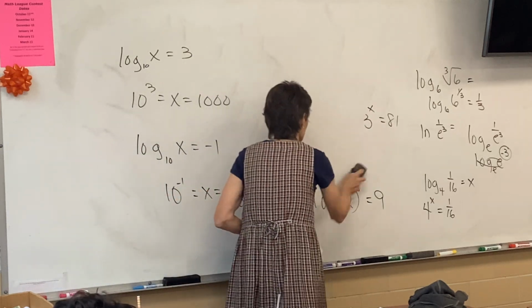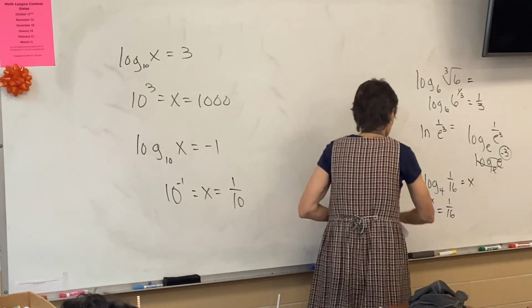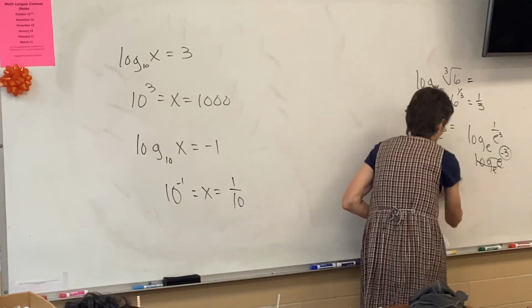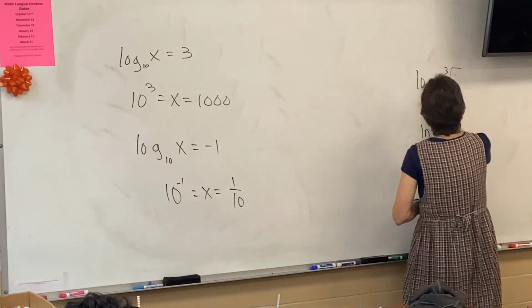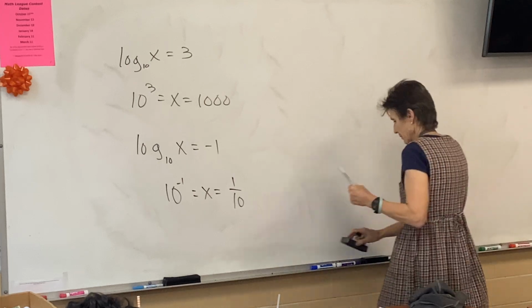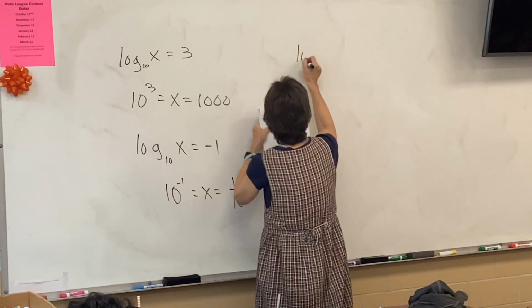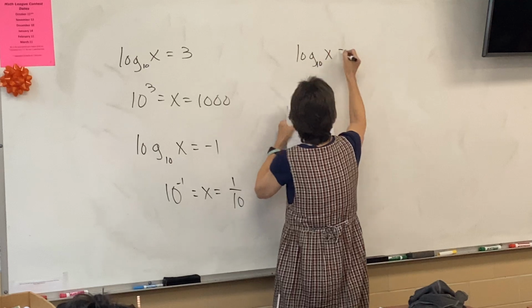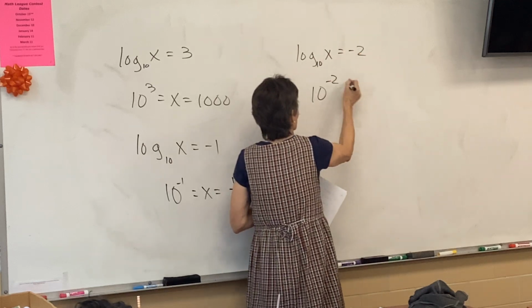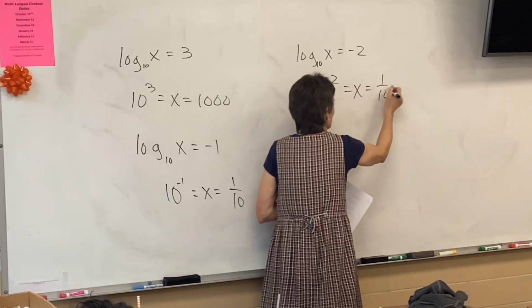Elijah's over here. He says 1 over 100 is the next one. What do you think about that? Charlie agrees. I agree. Everybody agrees. Nobody wants to disagree with Elijah? Because he's right. Exactly. 1 over 100.